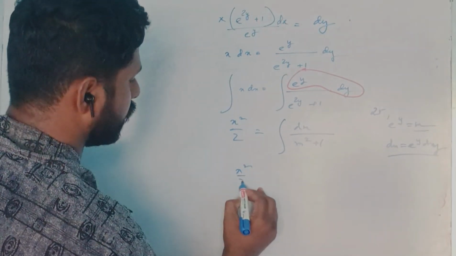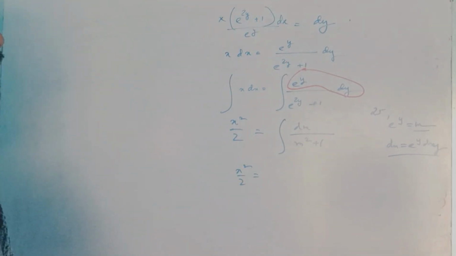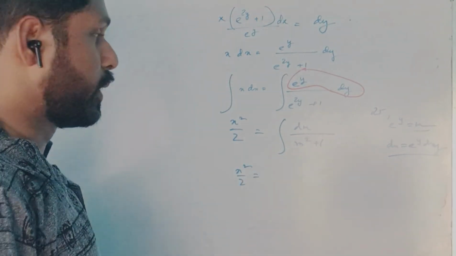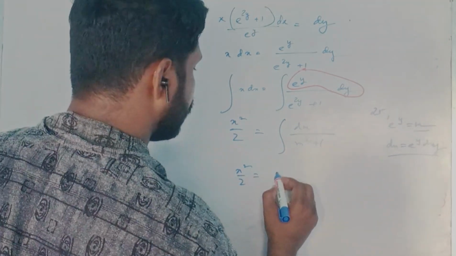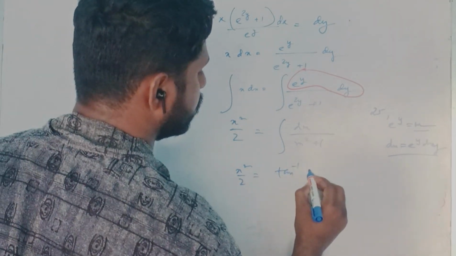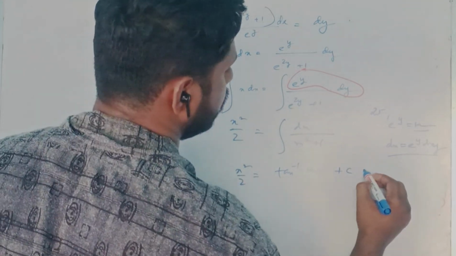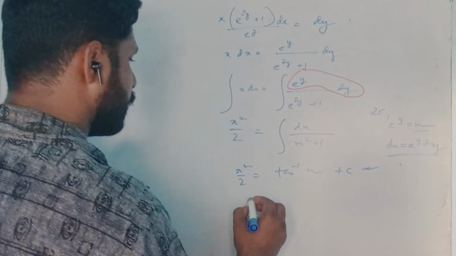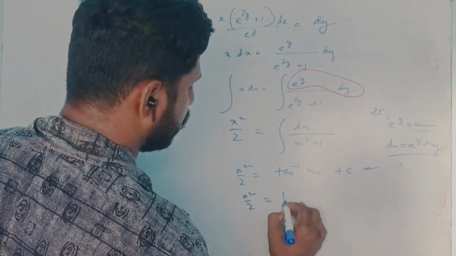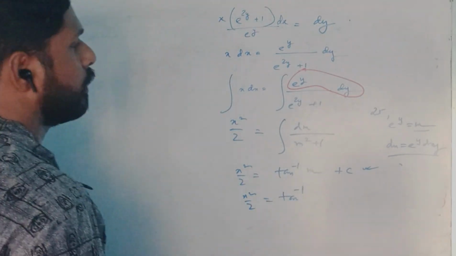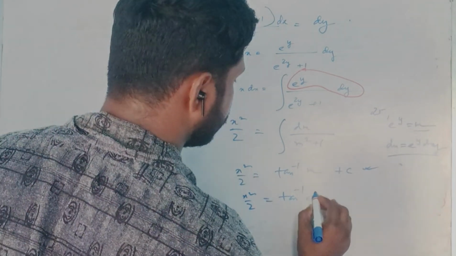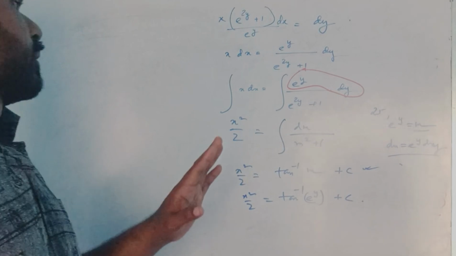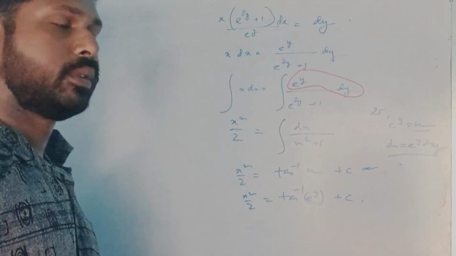So what we are getting is x square by 2 equals the integral of dm by (m square + 1). That is a special form of integration, which is tan inverse m plus c, where c is the constant of integration, because it is an indefinite integral. So x square by 2 equals tan inverse m, and since we assumed m as e^y, it is tan inverse e^y plus c. So that is the first sum of the method of separation of variables.